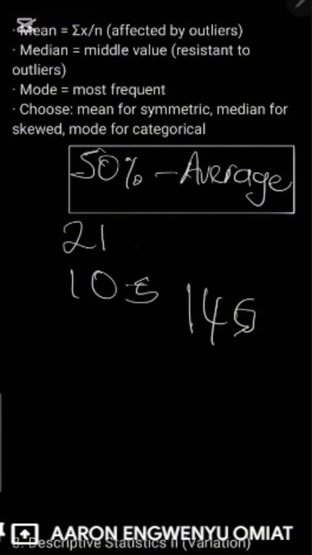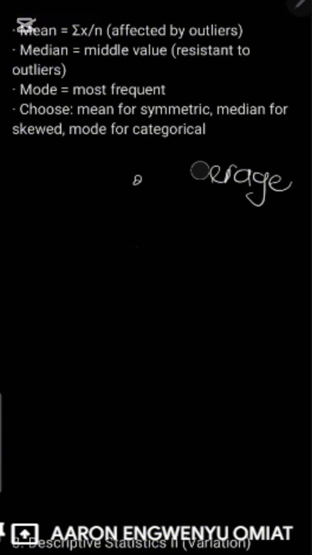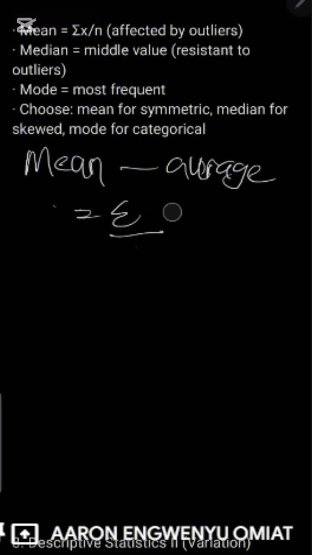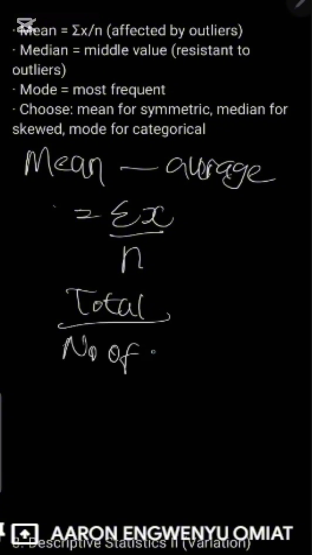So let's start with the mean. The mean is simply the average. It's calculated as the summation of x over n, which is the same as the total divided by the number of items.